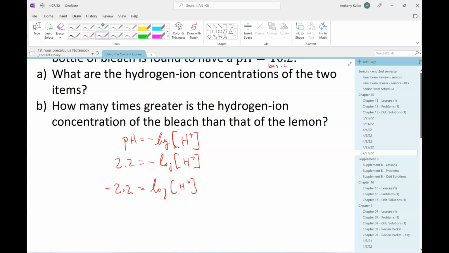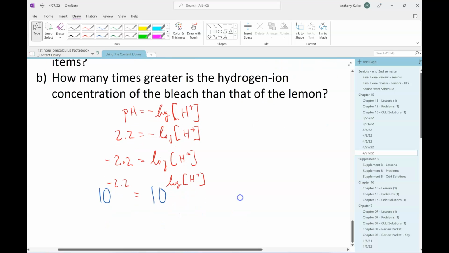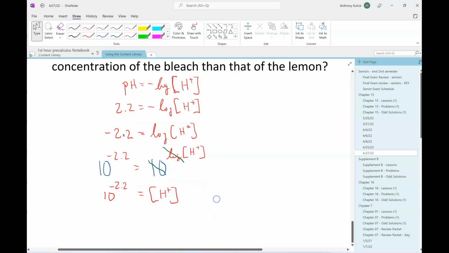You have to make the bases the same. So 10. Exponent base 10 to both sides. Very good. Everybody okay with that? Okay, Mr. Claude. Yes. If it's an LN, that's when you do the base E, right? Correct.